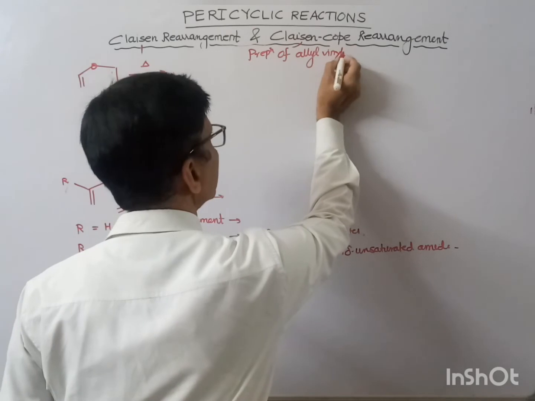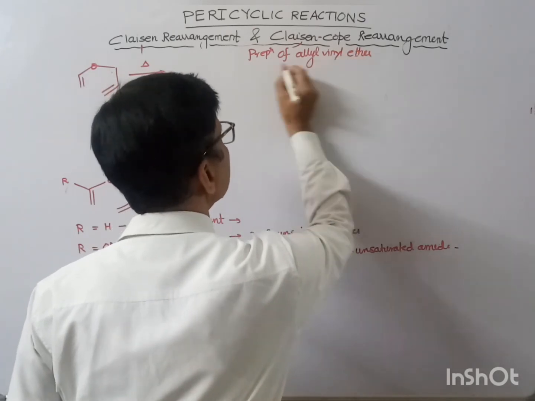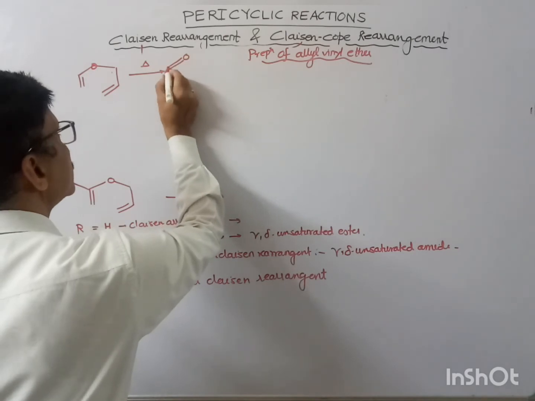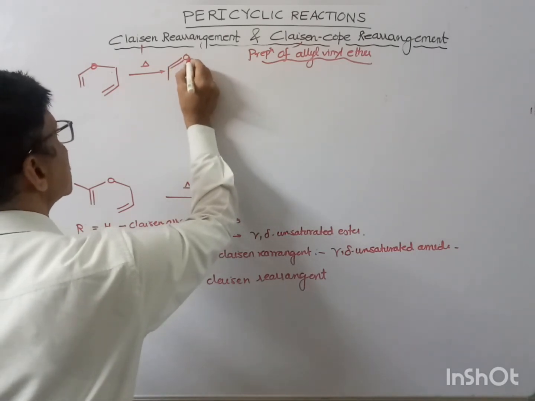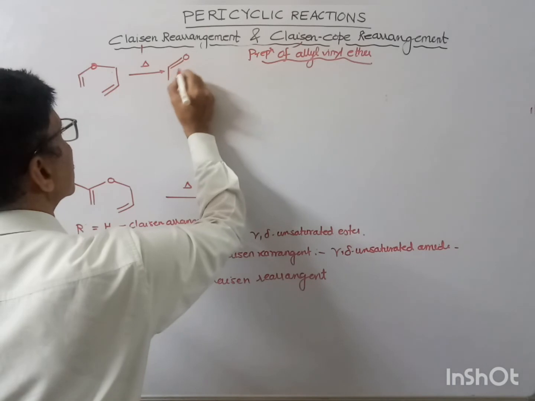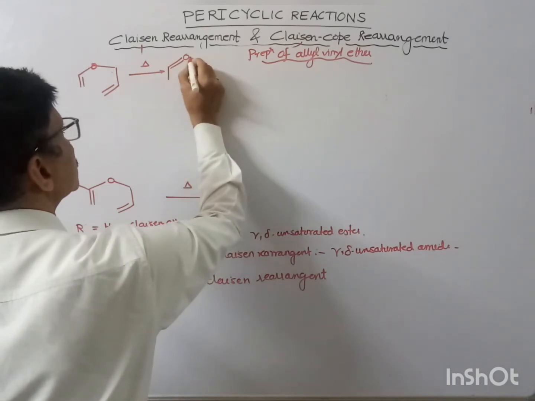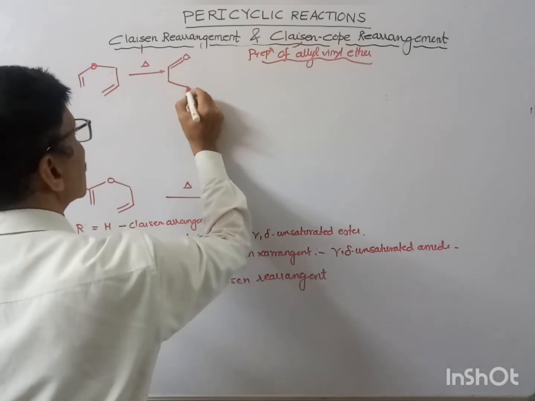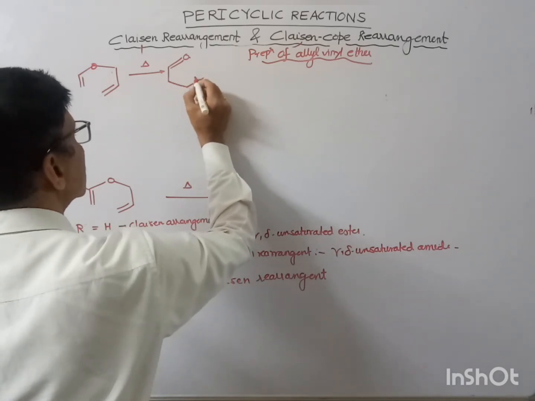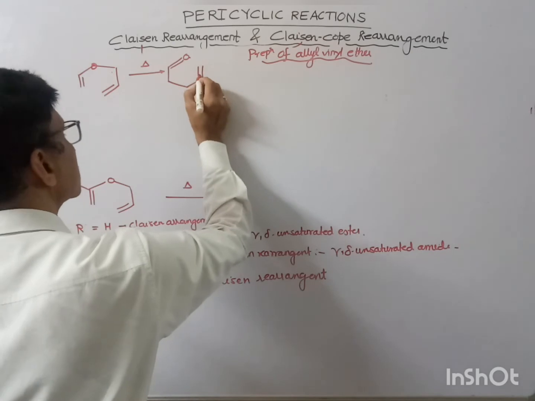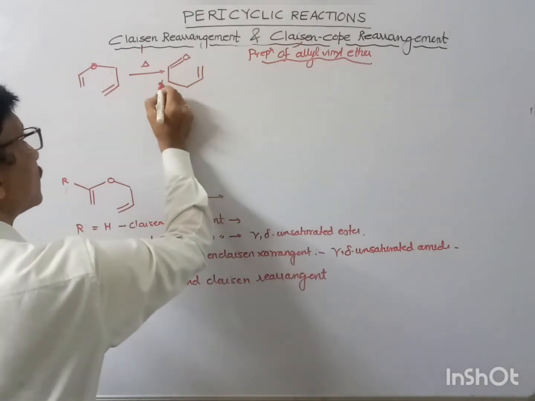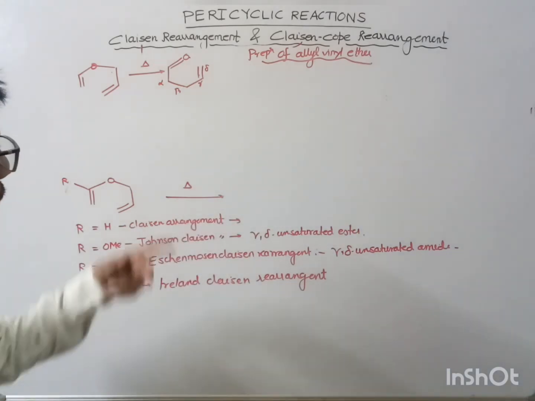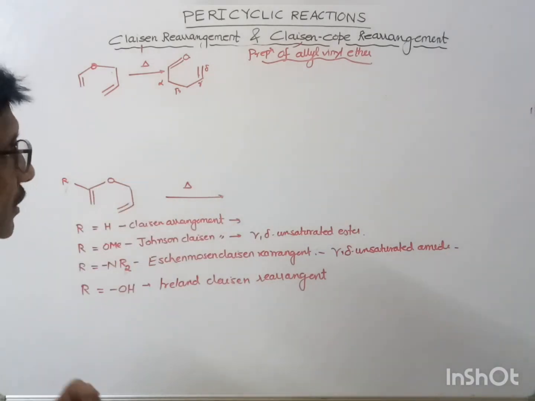And finally the product, as I have told you, this was the product which is formed. So this was the product formed in this case: alpha, beta, gamma and delta. Gamma delta unsaturated aldehyde is the product formed.